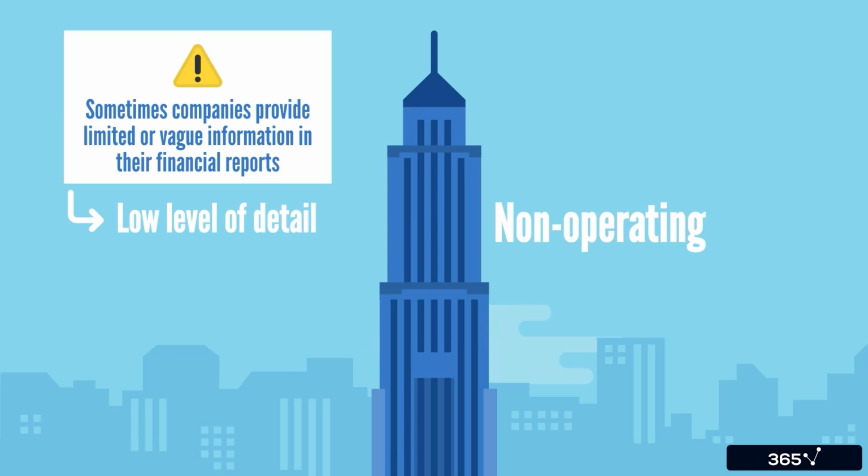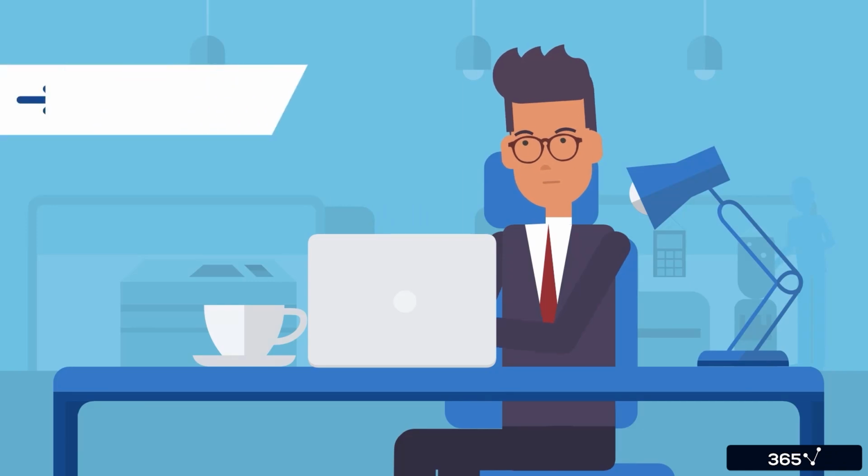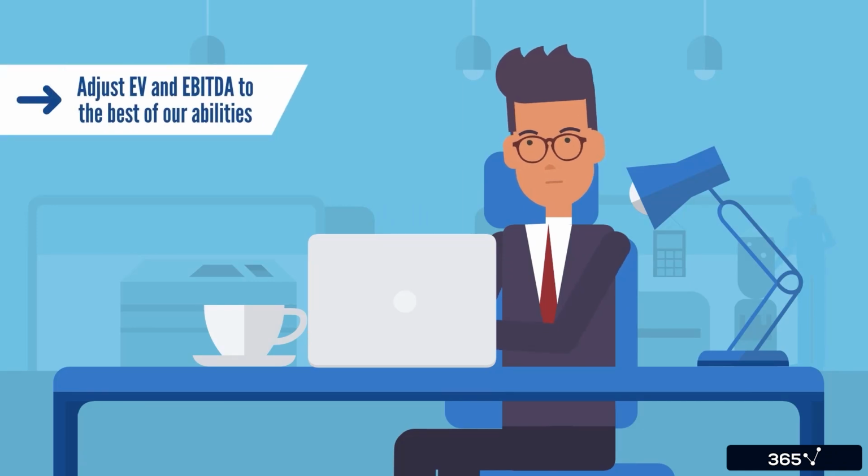In such situations, we should be practical and perform a valuation which is as precise as possible. Adjust EV and EBITDA to the best of our abilities, but at the same time, be aware of the limitations of our work due to the quality of reporting data.